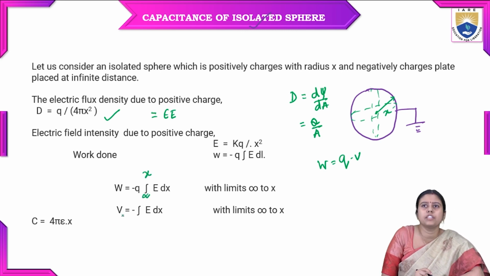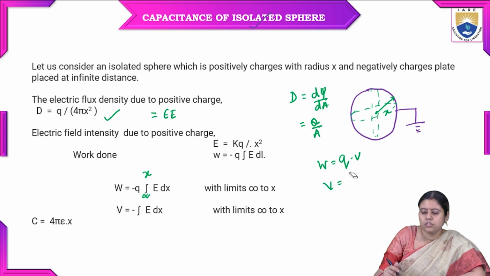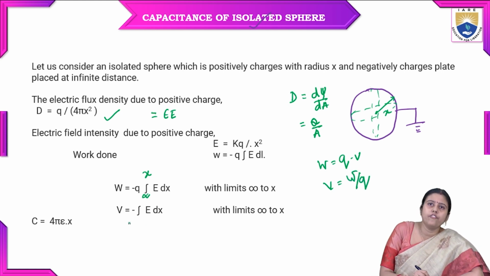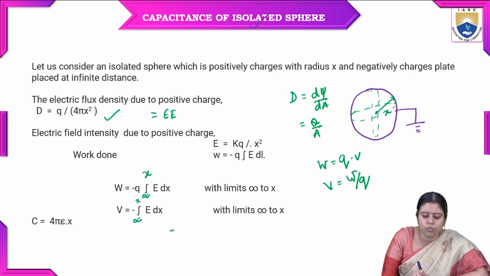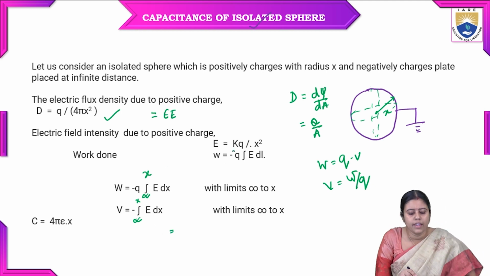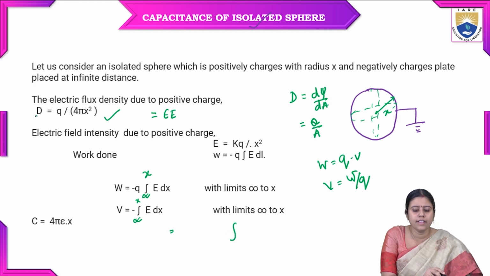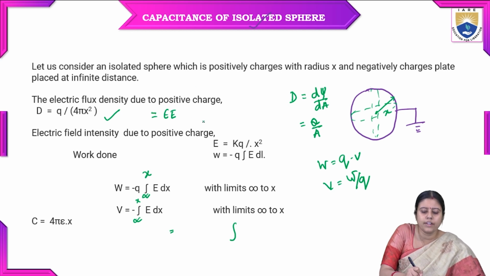So what is potential? Potential is W by Q. So we can write V is equal to minus integration of E dx from infinity to x. So what is E?